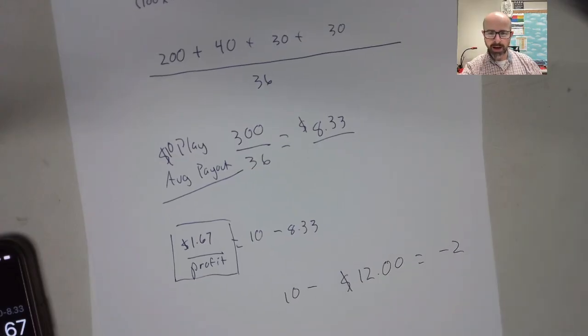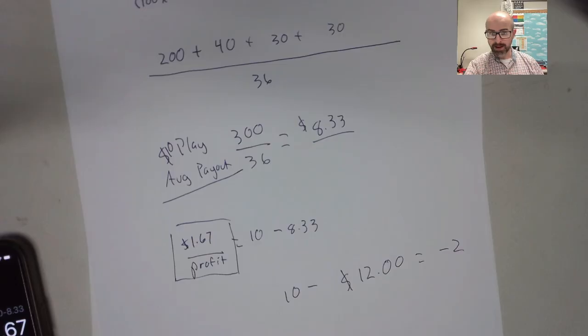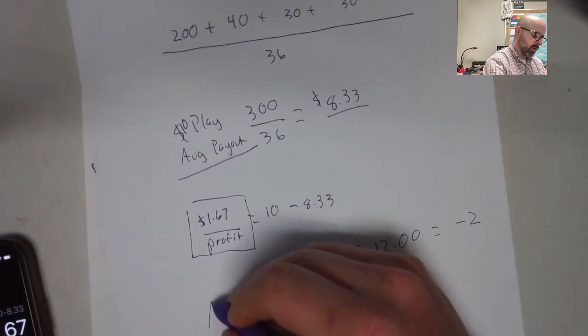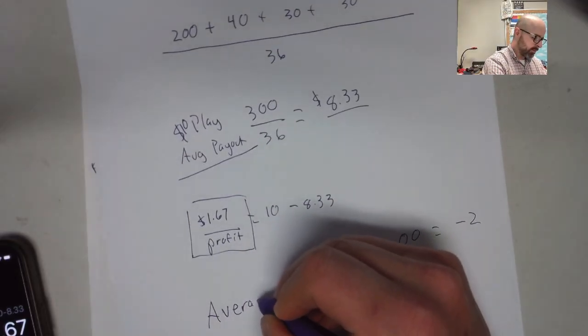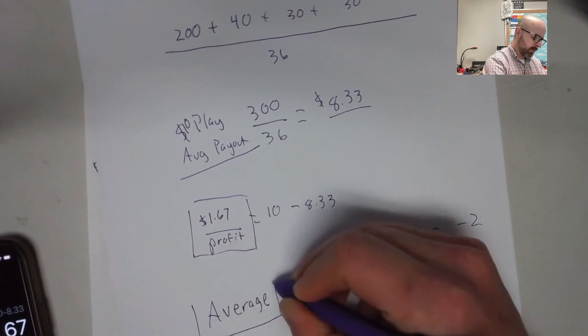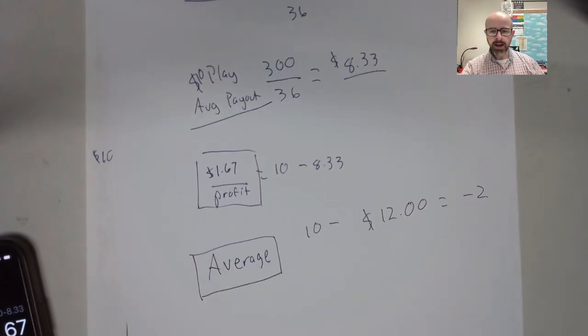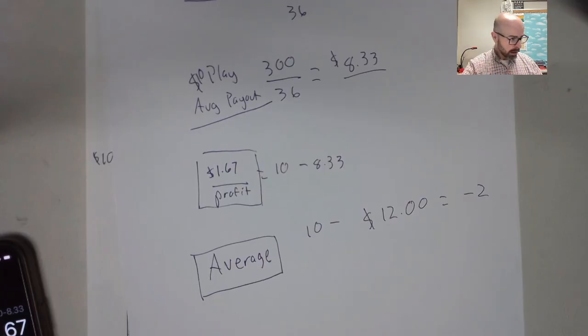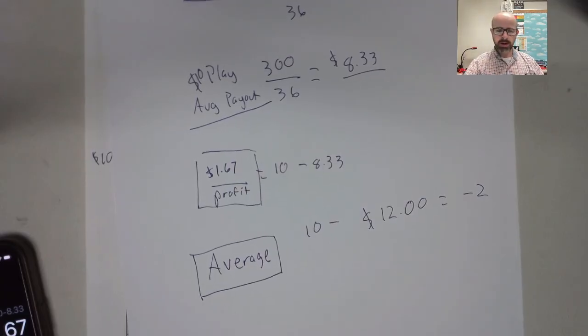If that's your average profit, that means you're on average losing $2 a game. Now remember, your key word here is average. You might lose money on a single game. We're not talking about single games. We're talking about thousands of games over time.